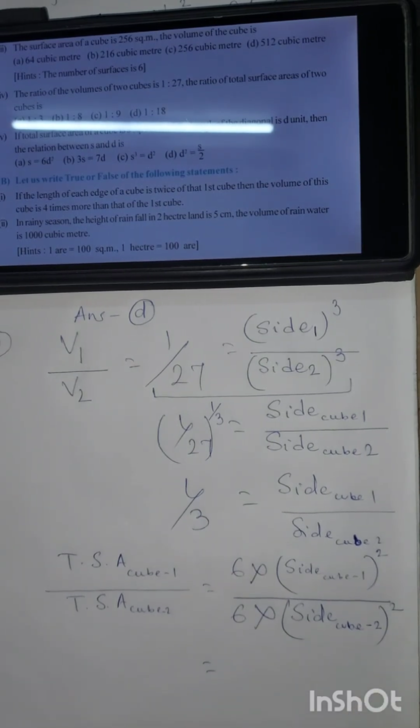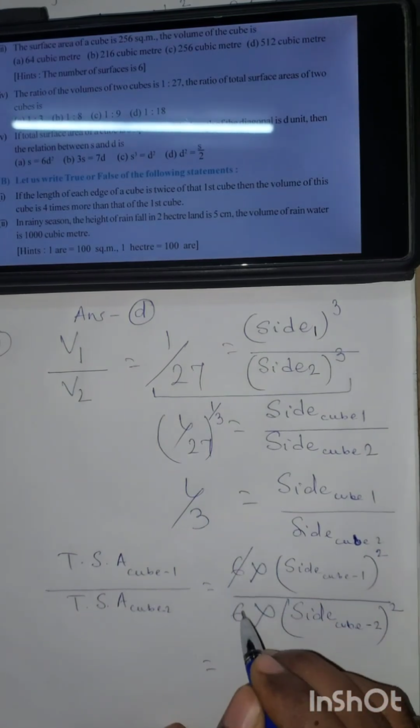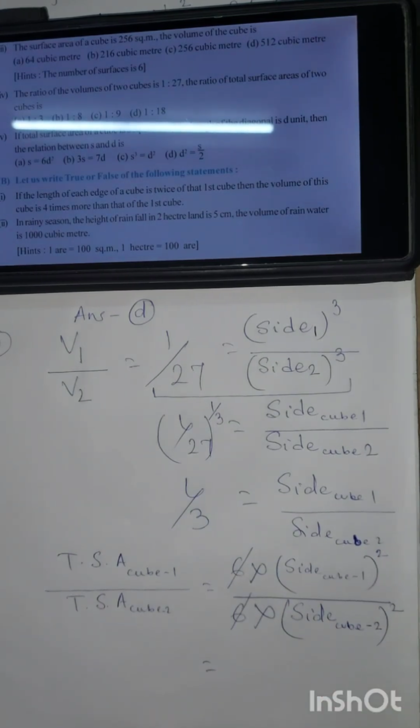So 6 and 6 get cancelled, and if we take whole square common, then it gives us side of cube 1 by side of cube 2 whole square.